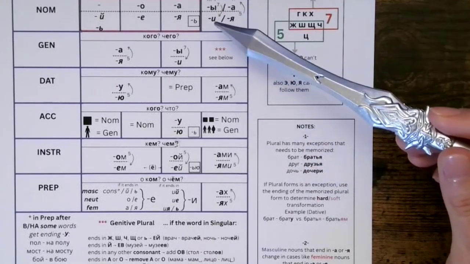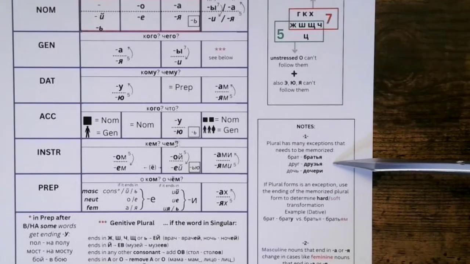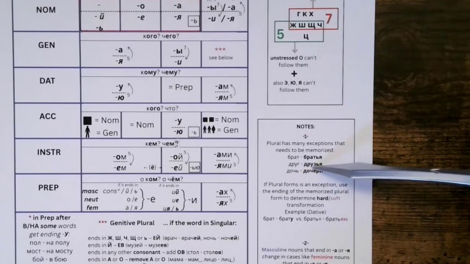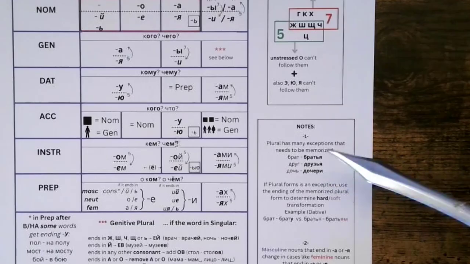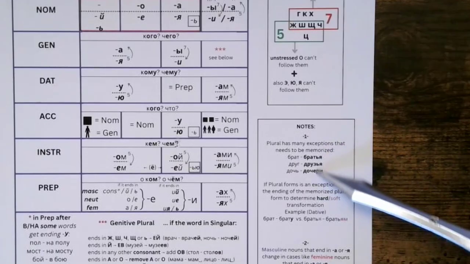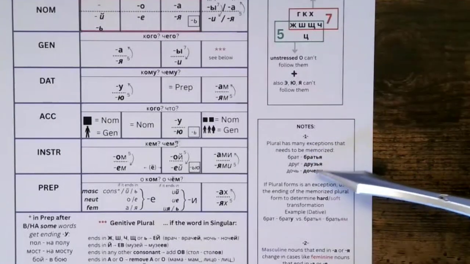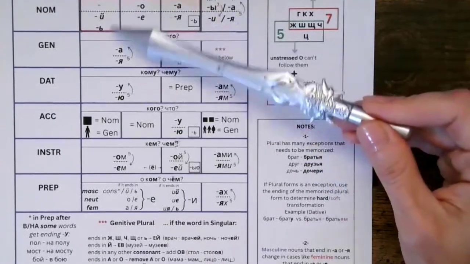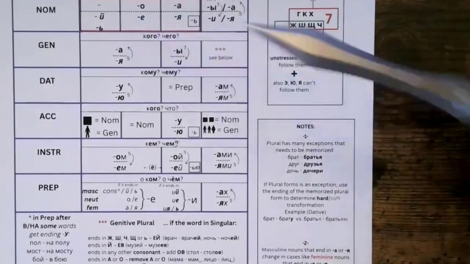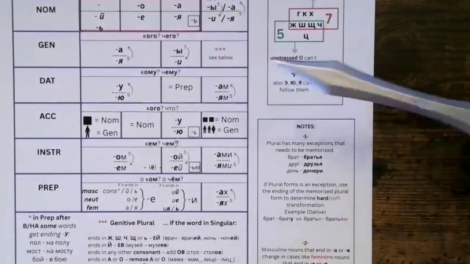Друг doesn't change to други, it changes to друзья. The word дочь even has a bigger word, дочери. So once you start putting these words into cases, you will actually go with that form rather than going by our default hard and soft in singular.